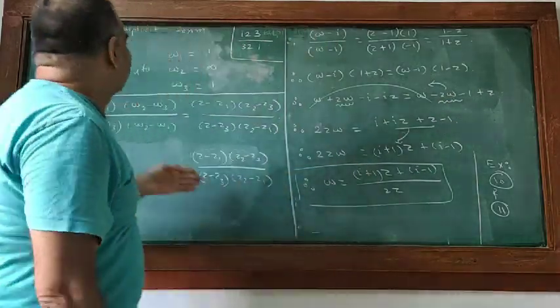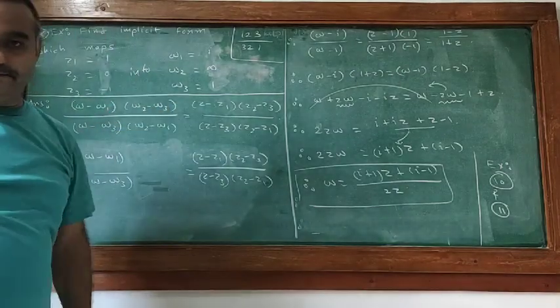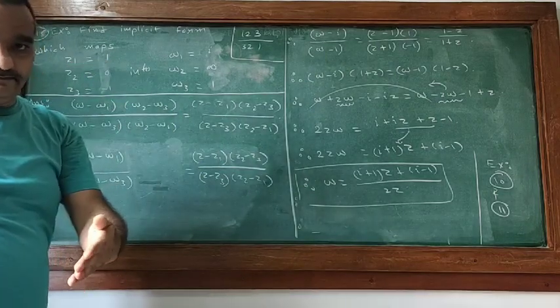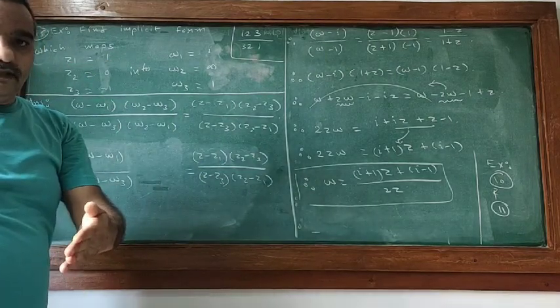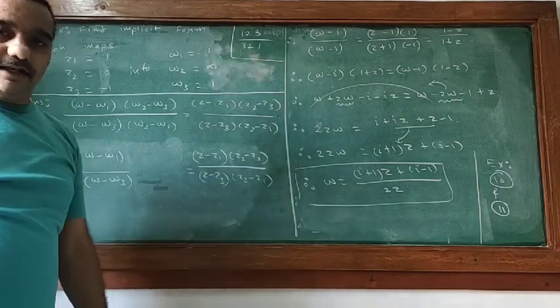In this method, we do the same sums by implicit form. You can find both answers are the same. So we proceed further.